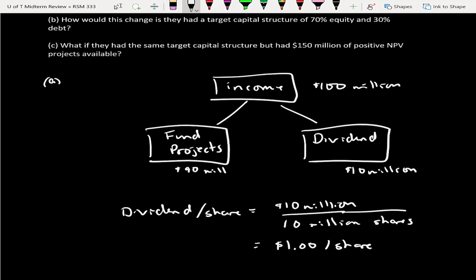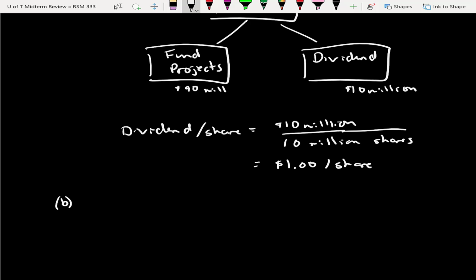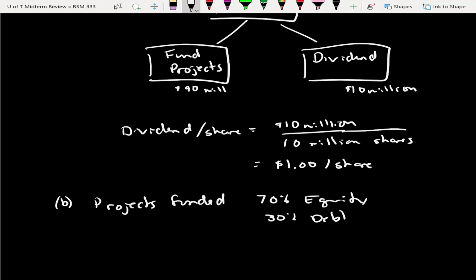Now the second was, what if the target capital structure changes and they want to make it 70% equity and 30% debt? So what they're saying here is that the projects will be funded in that ratio. 70% by equity and 30% by debt.